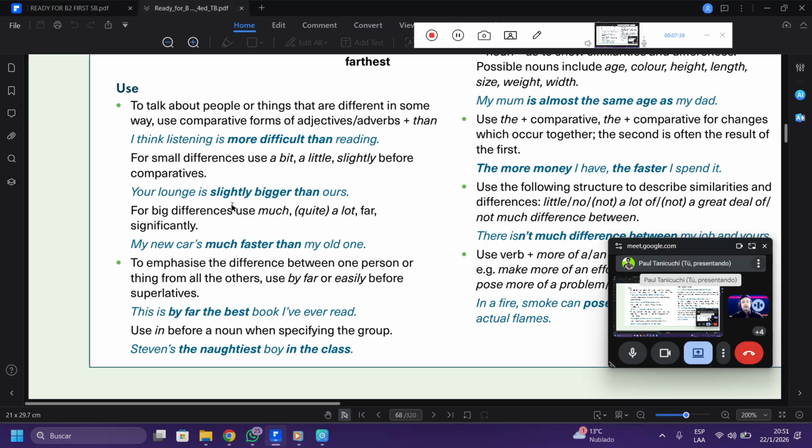Yes, that is okay. But in the case to express small differences, we use a bit, a little, slightly before comparatives. For instance, in this case, your lunch is slightly bigger than ours. Okay, so please, one more time, your examples. I want to hear from you guys. Help me out in the same order. Adela, please.